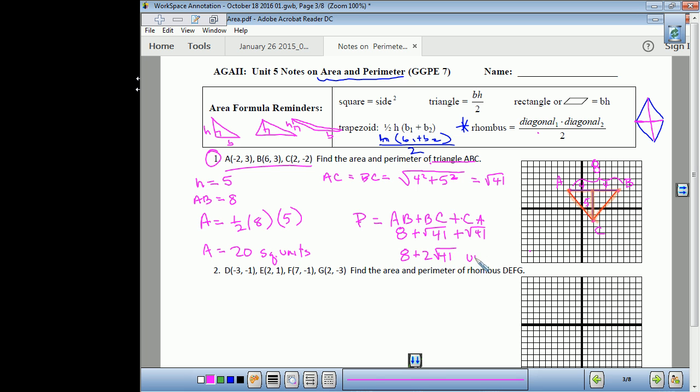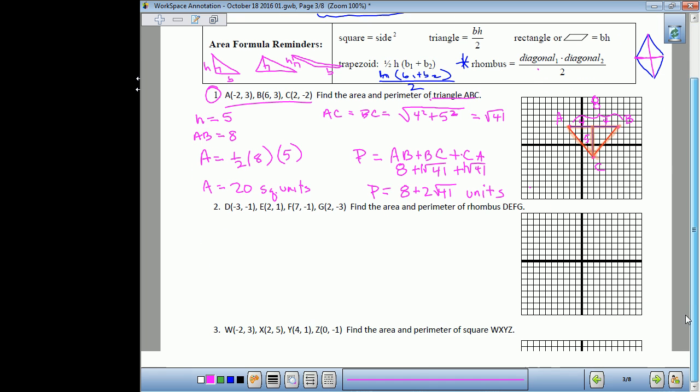And that would be just units, no longer square, because it's perimeter, not area. Can we do it decimal? No! Exact, please. So when you add radicals, you just put the 2 in front of them. Because this is 1 square root of 41, and another square root of 41 makes 2 square roots of 41.